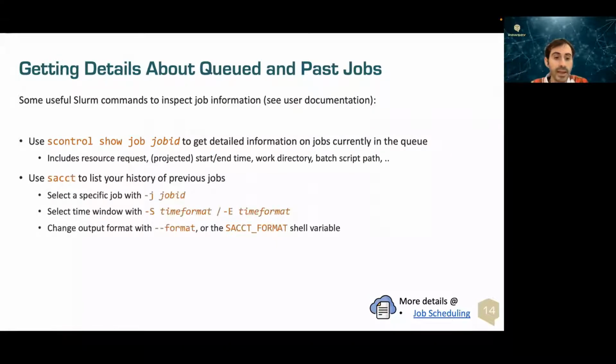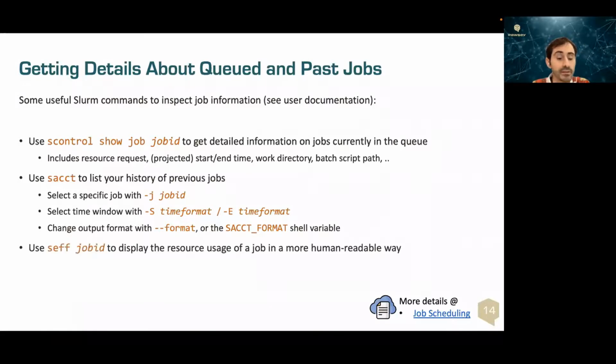There is a command called sacct, which stands for Slurm accounting, that provides the list with your history of previous jobs you submitted. And it comes with a handy list of options that can be used to tune the output to your needs. And again, more information is in the user docs. And the third one is seff, Slurm efficiency.